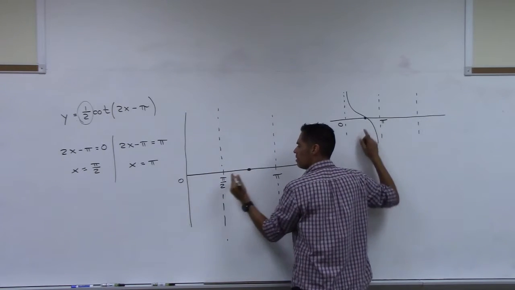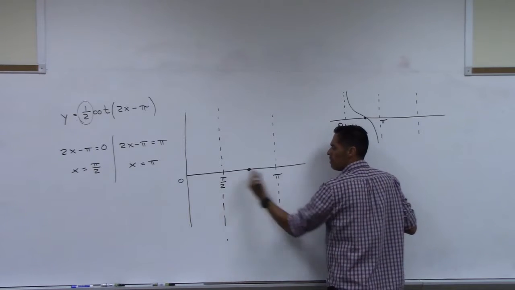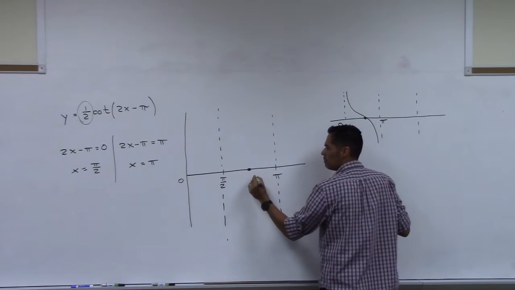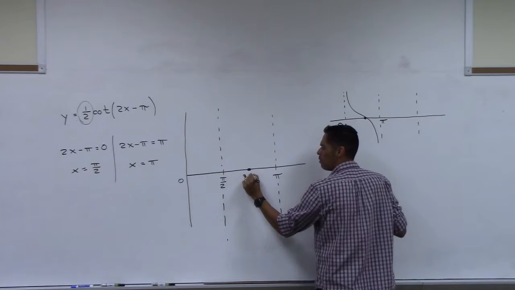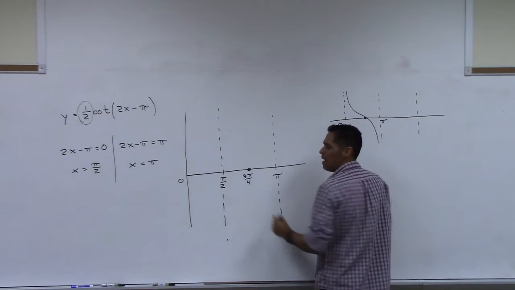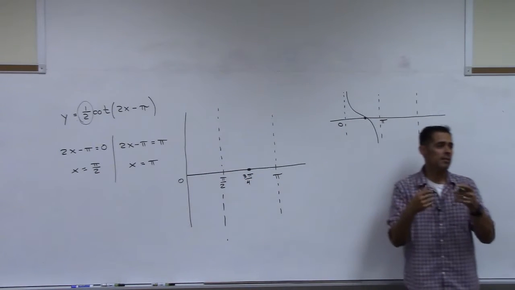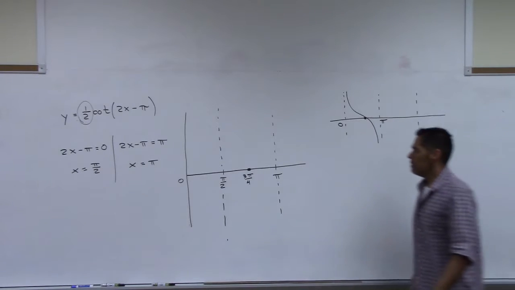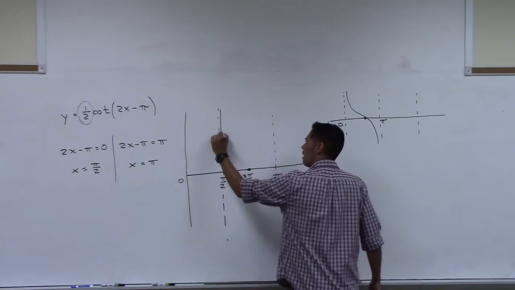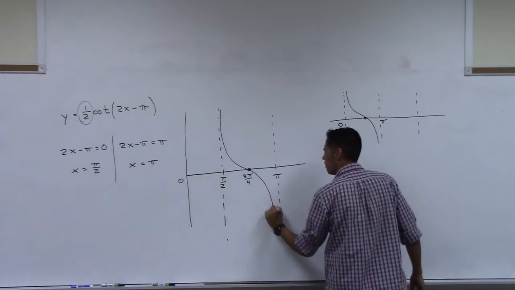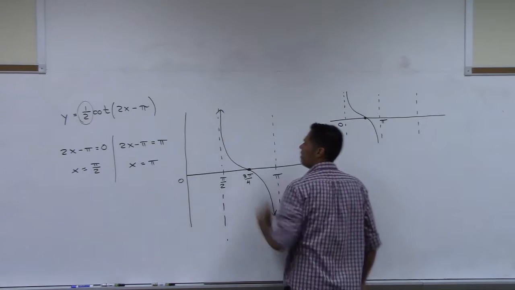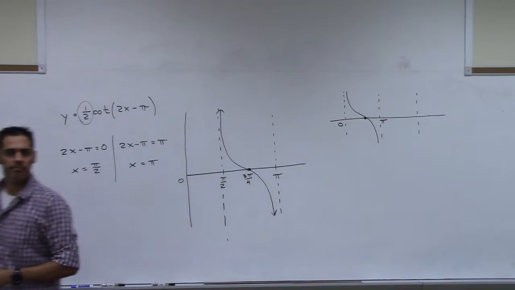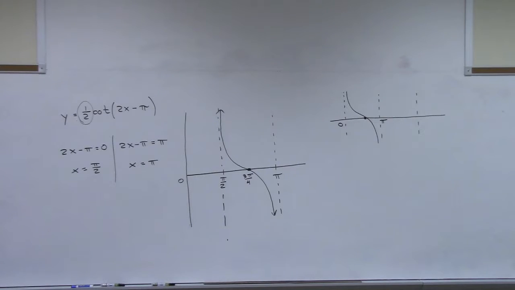What's the point that's right in between pi over 2 and pi? 3 pi over 4. You can find that by adding them and dividing by 2. Then all I want is this, and you'd be done. Is that okay?